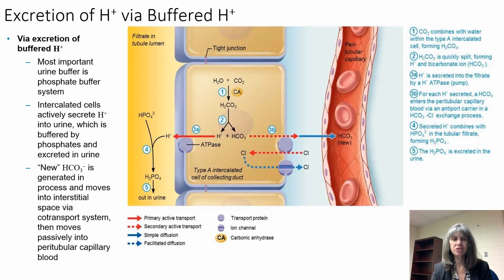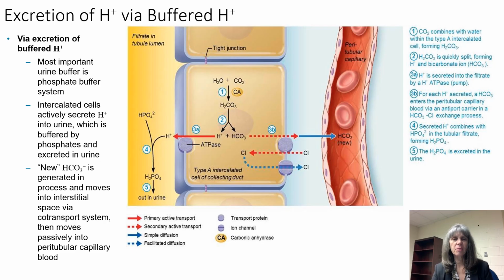And here we've got a picture of the type A intercalated cells. In the center of this picture, the filtrate, that's potential urine, is to the left, and then the interstitial fluid and then the blood capillaries are to the right of those cells. So what happens is if we look in the very center of that type A intercalated cell in the collecting duct, you can see that water and carbon dioxide are going to combine with the help of an enzyme called carbonic anhydrase.